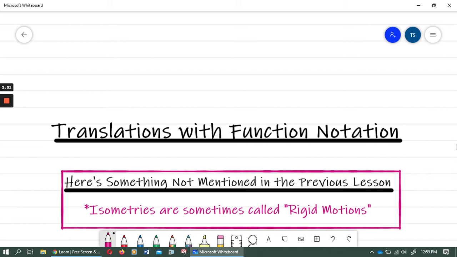It keeps all of your side lengths the same, or keeps the perimeter or circumference the same. In other words, an isometry is a transformation that will produce congruent figures, right? So when you have an isometry, your pre-image and your image will be congruent figures. All right, so again, isometries are sometimes called rigid motions.